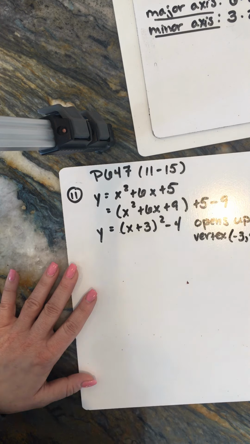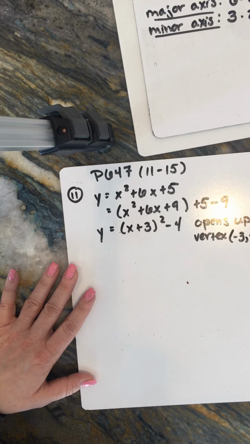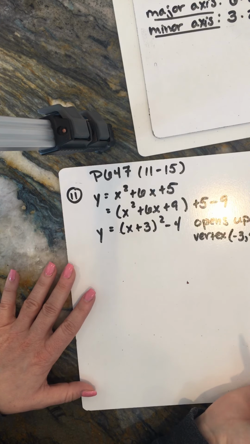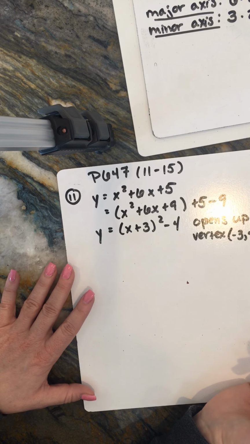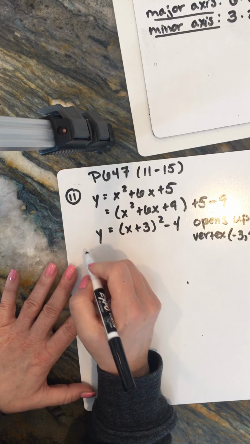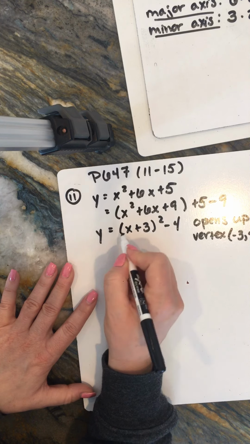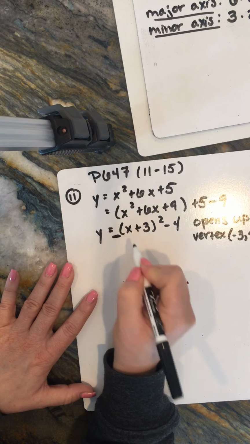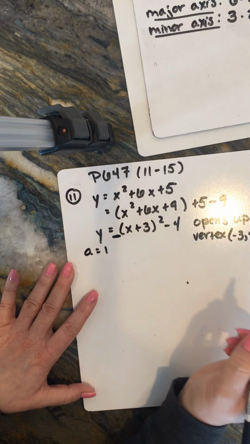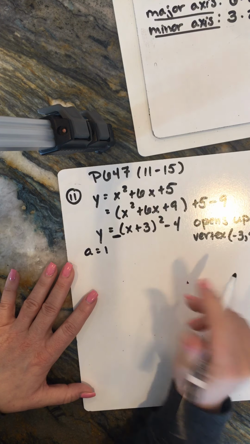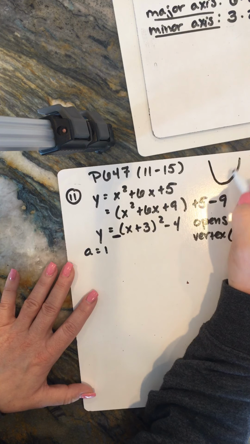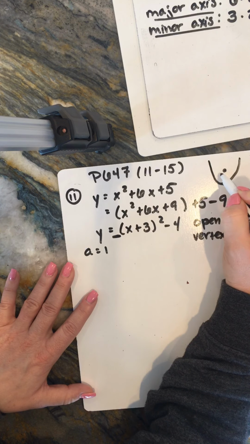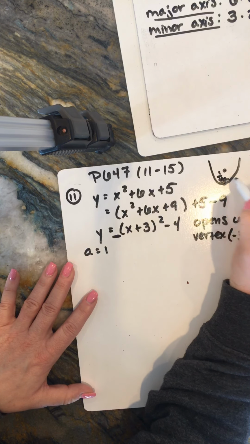We are also asked to find the focus and the directrix. So remember that the distance, this guy right here is a up front, and it's 1. So a equals 1, and the distance from the vertex to the focus is 1 over 4a.